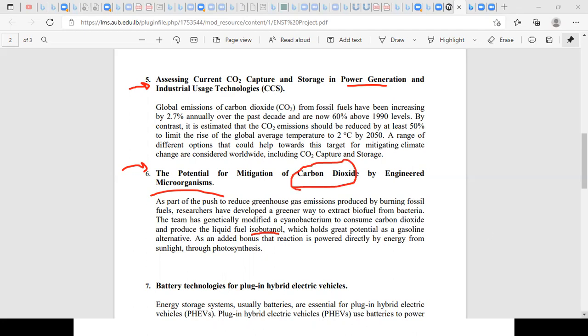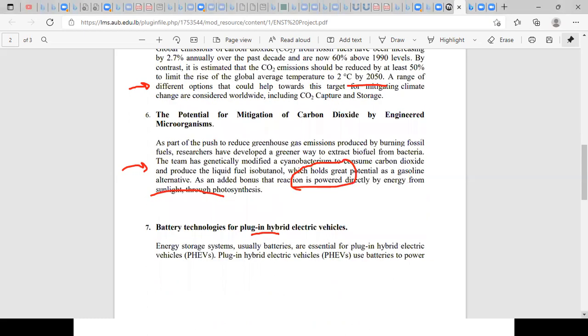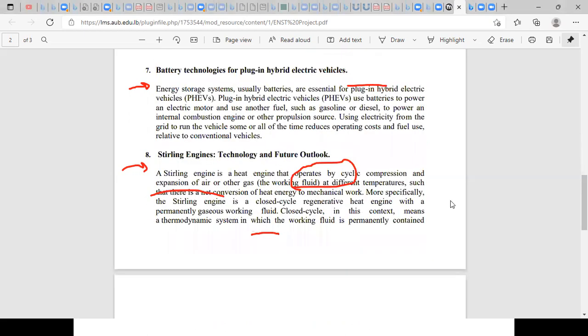Another topic will be battery technologies for plug-in hybrid electric vehicles. You know that we have a very important trend nowadays to go from cars that are working on fuels to cars that can be charged electrically.